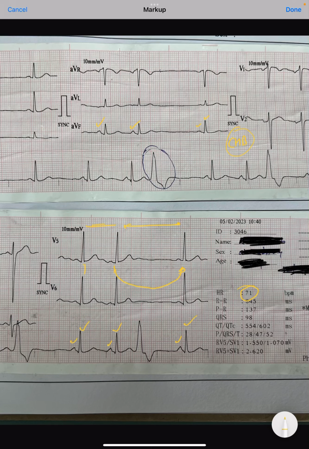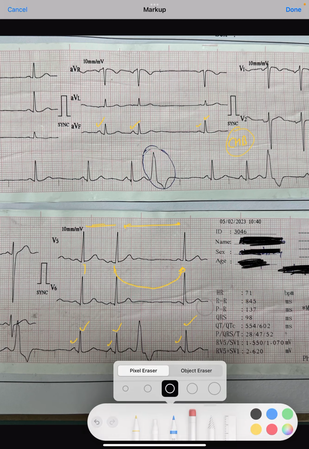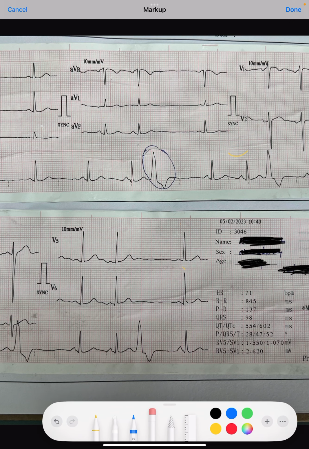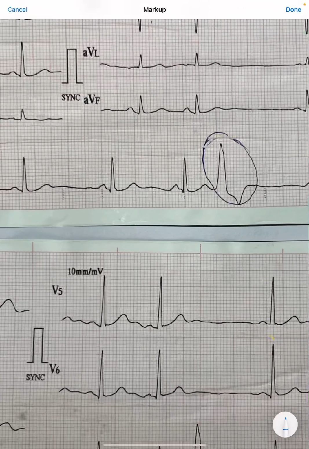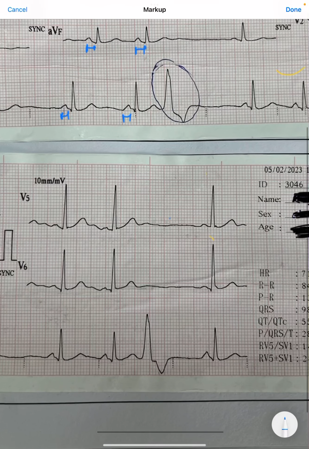It can be Mobitz 2 heart block, but for Mobitz 2 heart block, the most important mandatory thing is that there should be a P wave. There can be a constant PR interval like in this ECG. Here we can see that the PR distance is almost constant always. But to have a QRS drop, there should be some P which does not show any QRS.